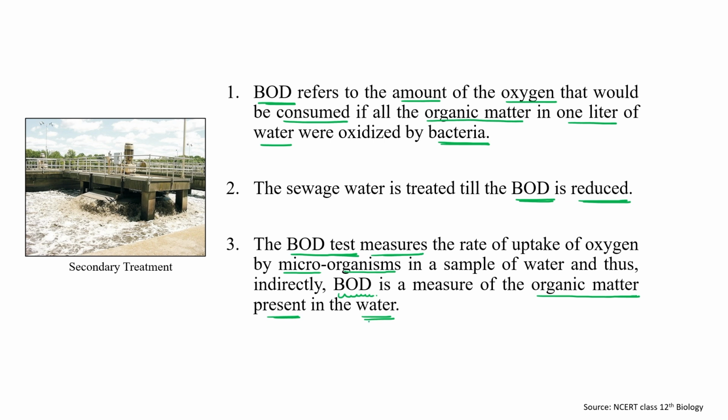If BOD is high, it means a very large amount of organic component is present in the wastewater and very few microbes are present. But when the number of bacteria and fungus continuously increases, doubling in size, they continuously utilize the dissolved oxygen. So after some time, BOD is reduced.